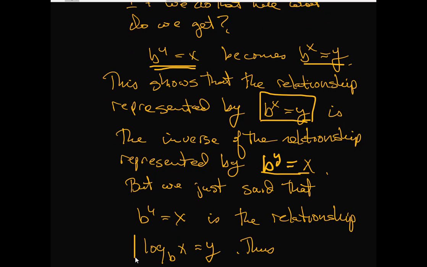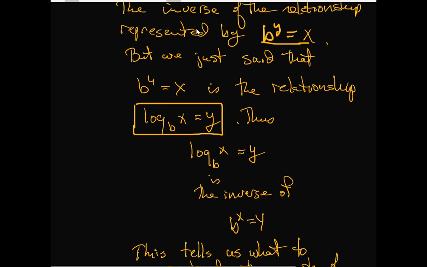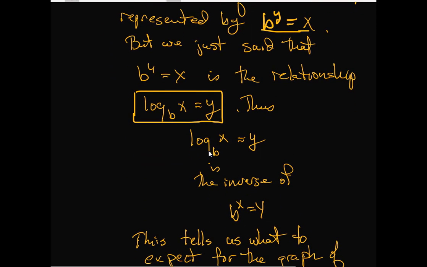So the log is some relationship between x and y, and what relationship is it? We can say that it's the inverse of this relationship. But this relationship, we know something about it already. We know what it looks like. We've graphed it. Thus, the log base b of x equals y is the inverse of this relationship.